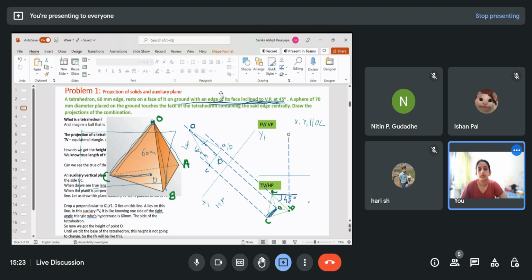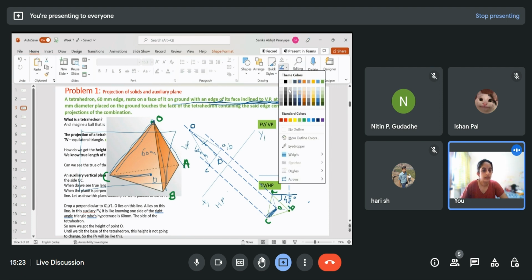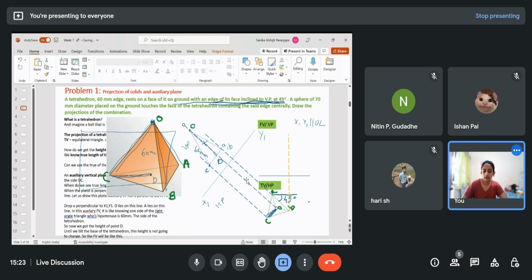I'll make it yellow, and then I'll project point O, and I'll project point A in the vertical plane, and I'll project point C in the vertical plane.